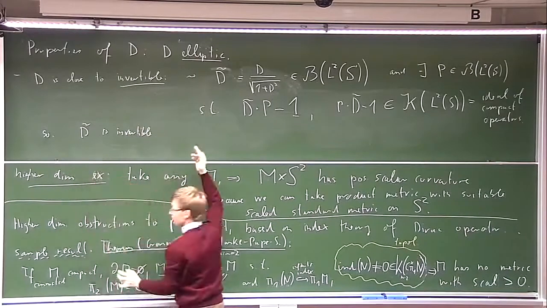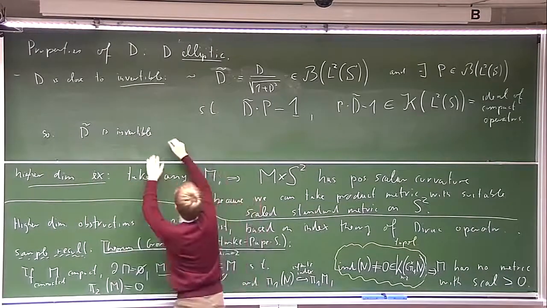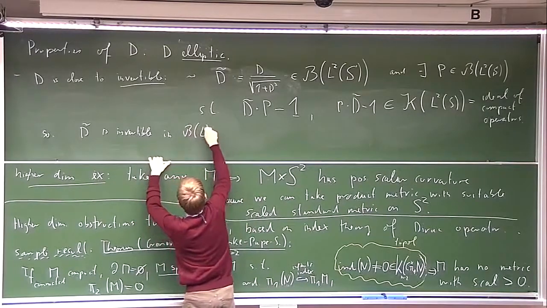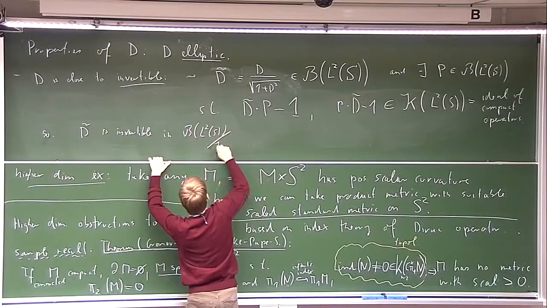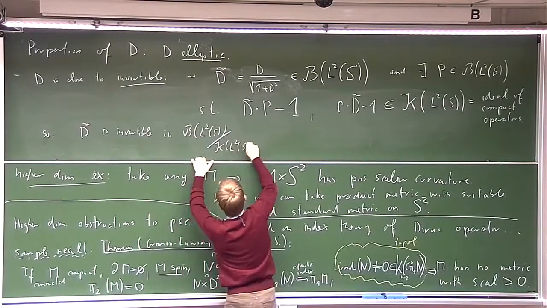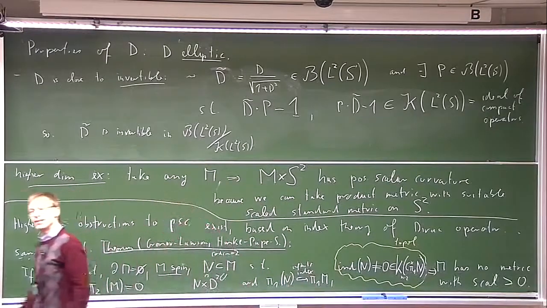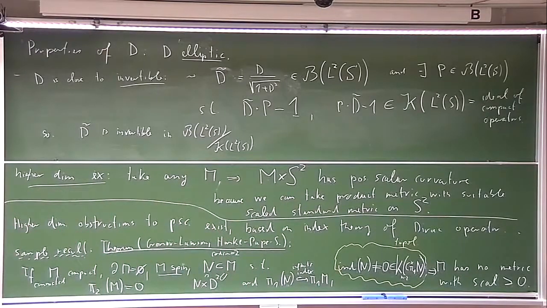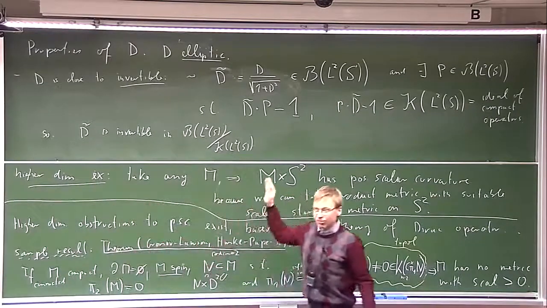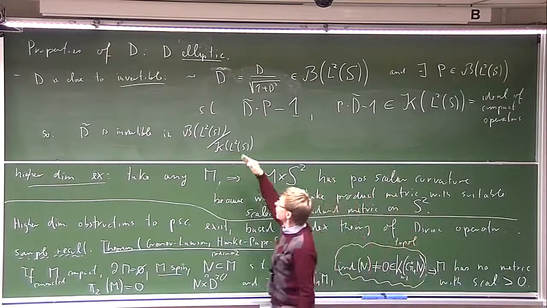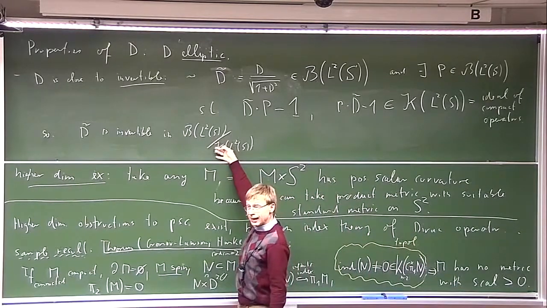It is not invertible, of course, but it is invertible if you think of it as an element in the quotient algebra. Pardon? Of course, of course. This is another way to formulate this. But I'm preparing to generalization, so that's why I'm writing it that way. It's invertible in bounded operators in this quotient algebra, the Calkin algebra.